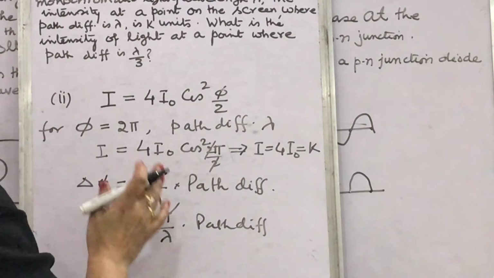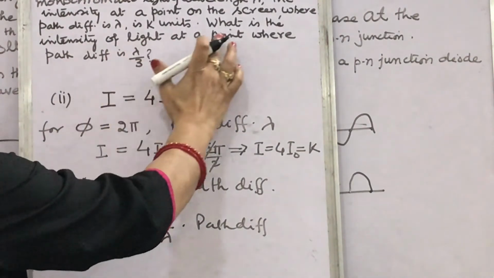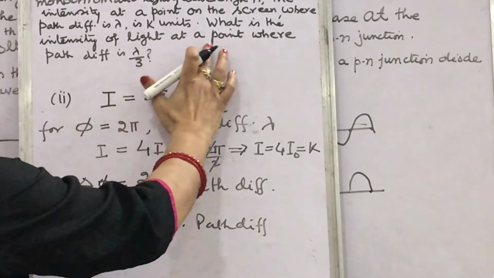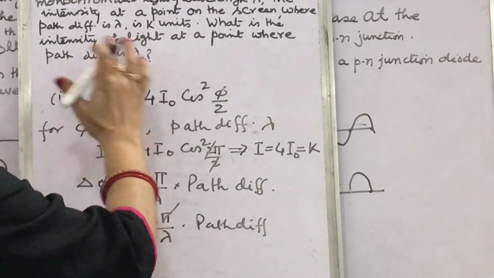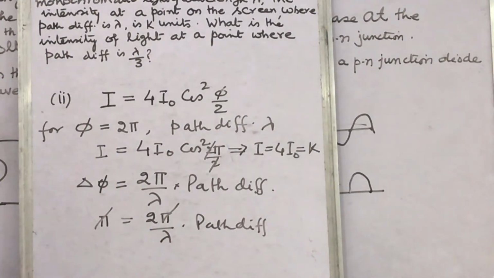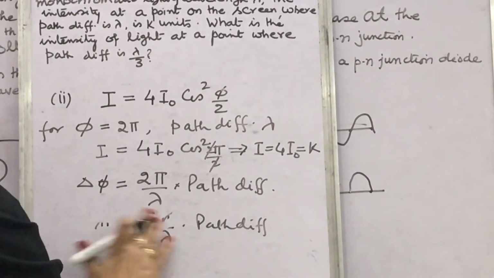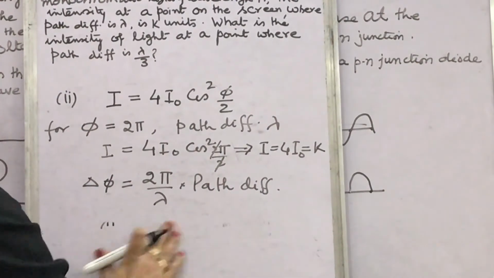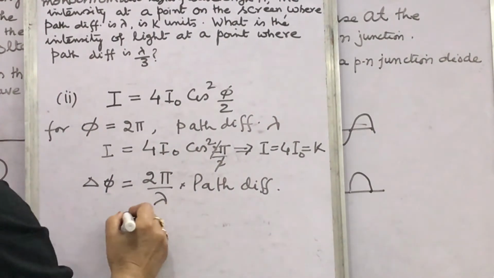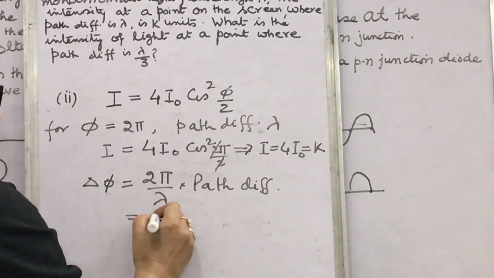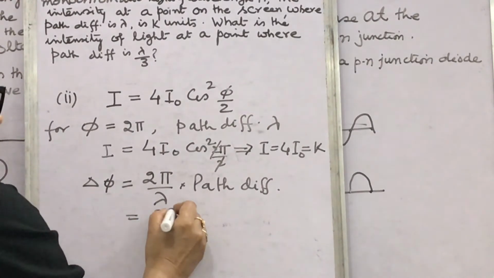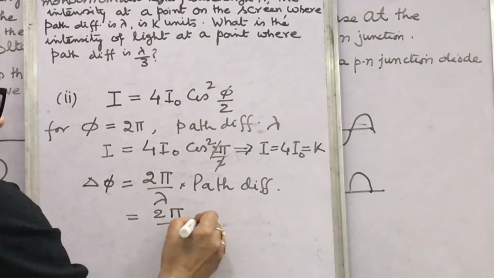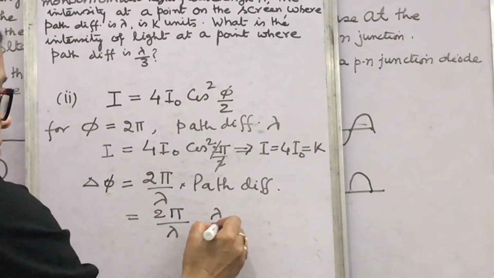So here, what is the intensity of light at a point where path difference is lambda by 3? Now you put the path difference lambda by 3. So this is 2 pi upon lambda into lambda by 3.